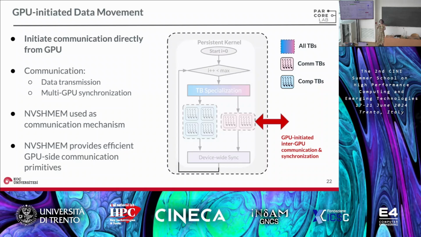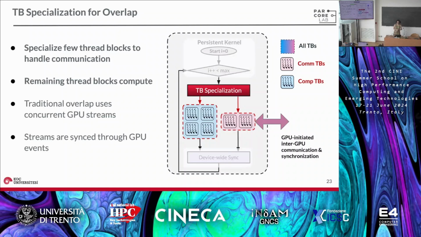It can do load stores directly to the other GPUs, and it has very efficient GPU-side communication mechanisms. So it implements basically OpenSHMEM, which is a PGAS model for GPUs. And this thread block specialization we use for overlapping.